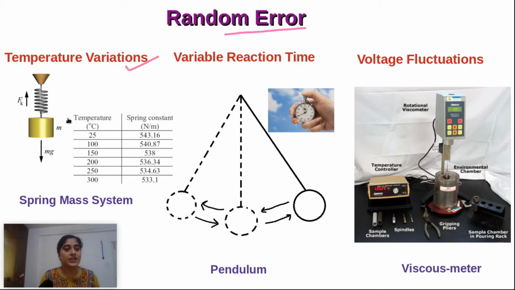In this figure we can see a single spring-mass system, in which you want to find how much displacement there is and how much force is acting, and that depends on the stiffness of the spring. The stiffness of a spring depends on the temperature.